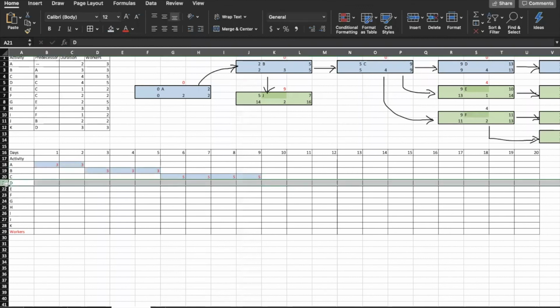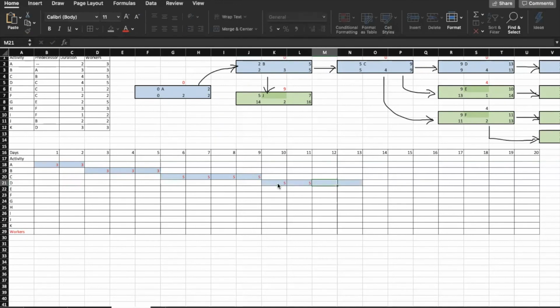Activity D starts after C and for total of 4 days and 5 workers for each of the days. Then activity E is after C again.